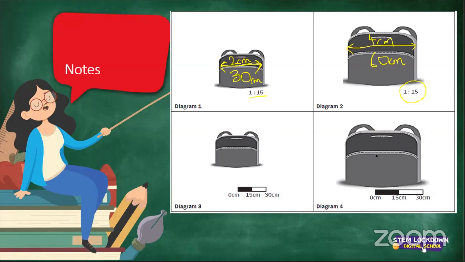Unlike with a bar scale. Okay, let's look at diagram 3. In diagram 3, you can see that I've enlarged diagram 3 to diagram 4. The bar scale changes accordingly. If I enlarge the object, the scale also enlarges.